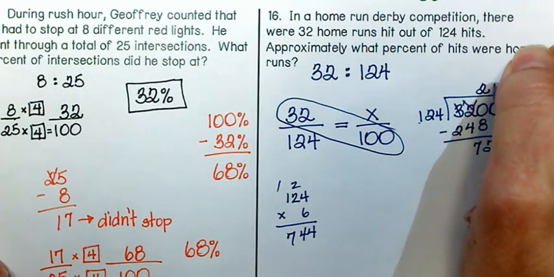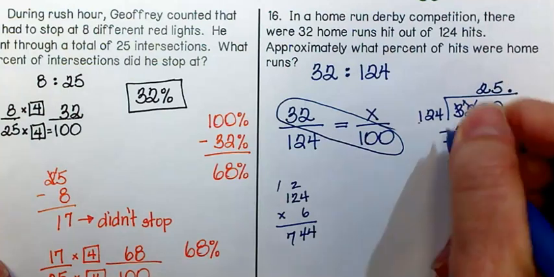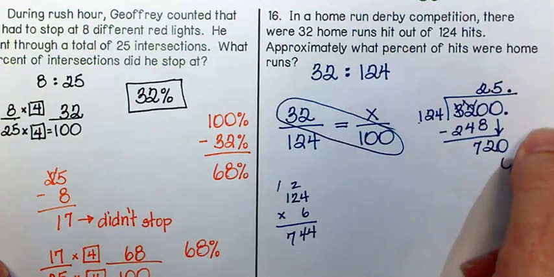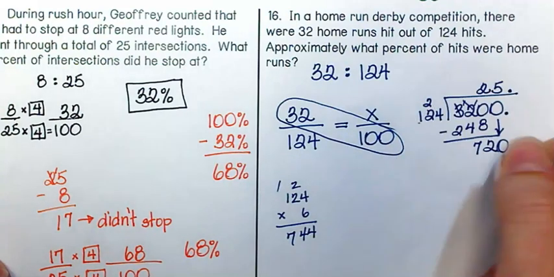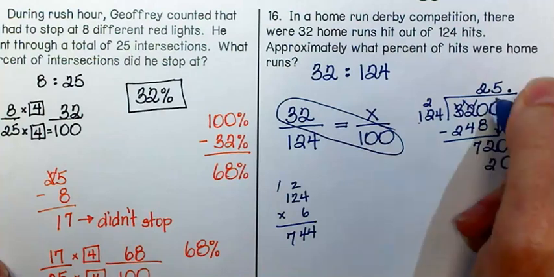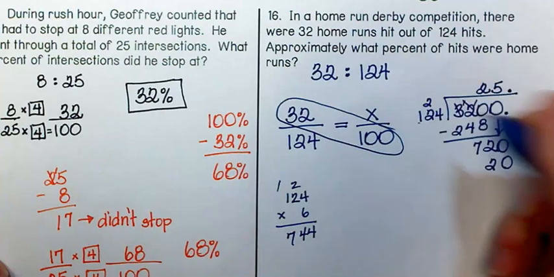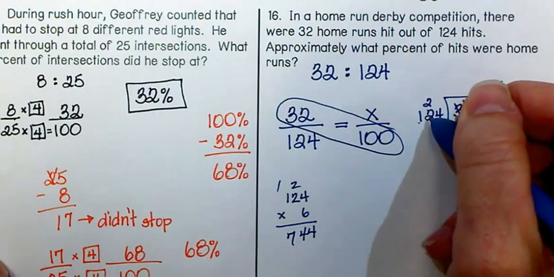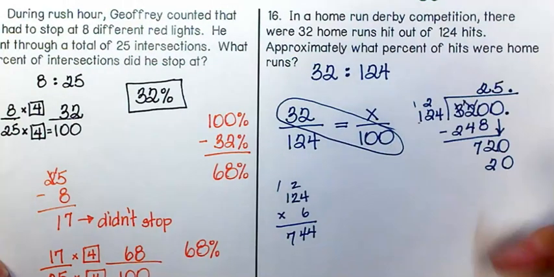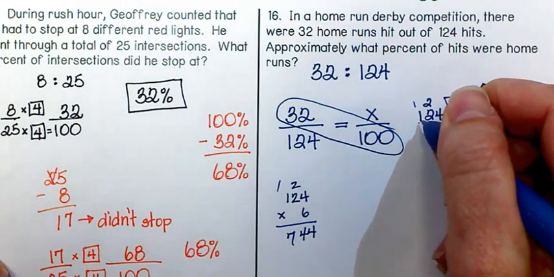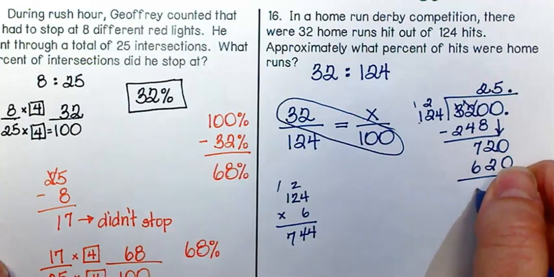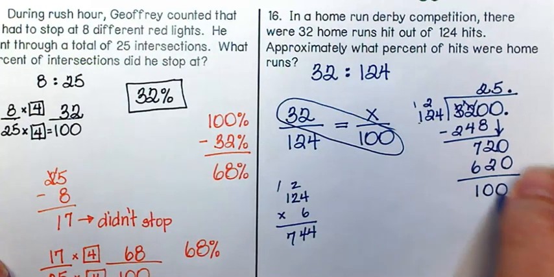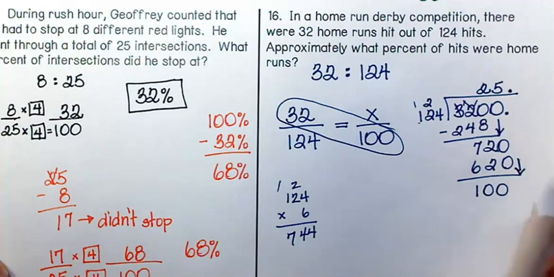Okay, so 5. 5 times 4 is 20. 5 times 2 is 10, 11, 12. Put down the 2, carry the 1. 5 times 1 is 5, plus 1 is 6. And I get 100 left over.